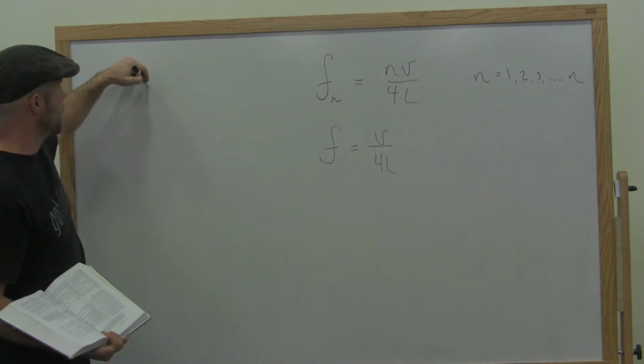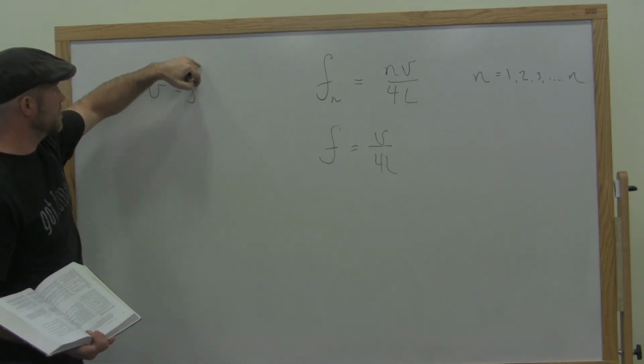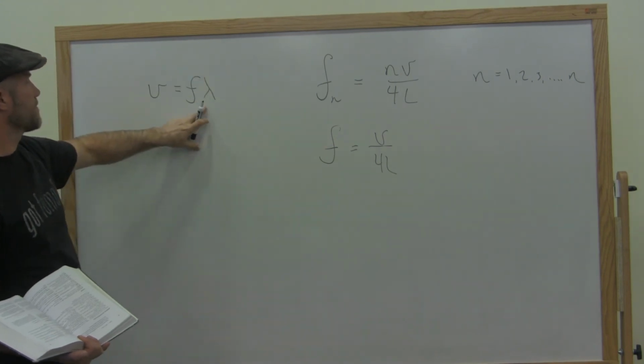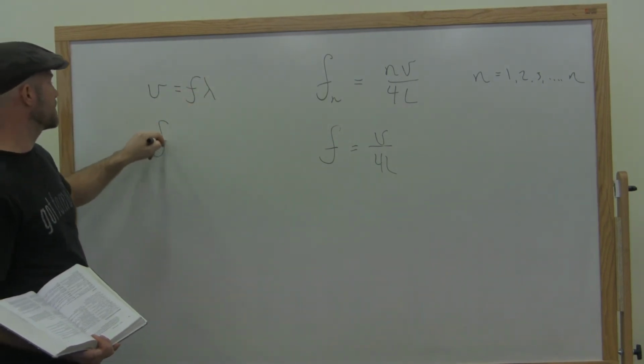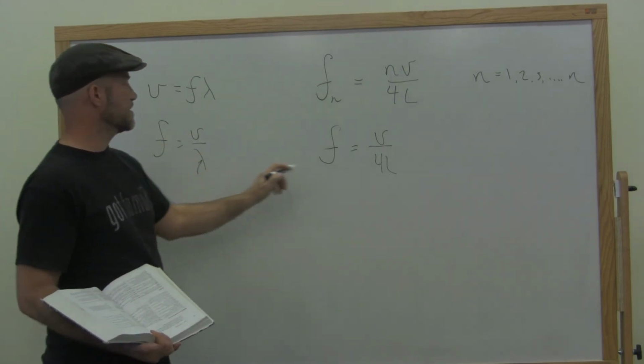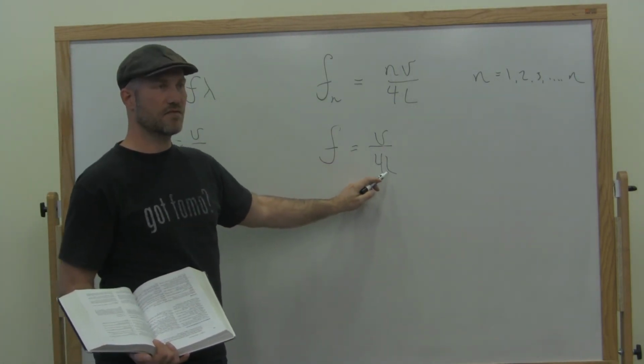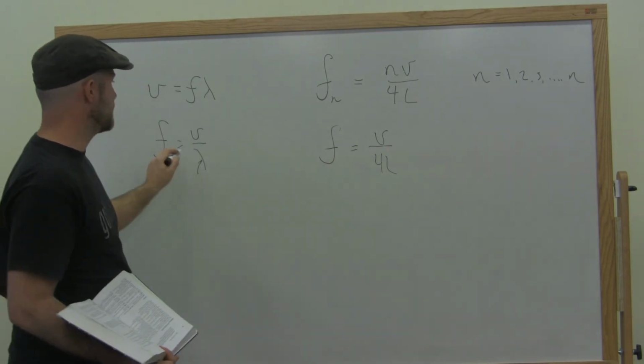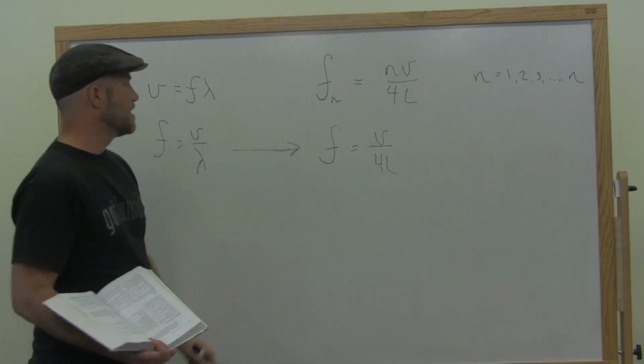This comes from the wave equation, rearranged to solve for frequency, where the wavelength set up in a closed tube is equal to 4 times the length of the tube.